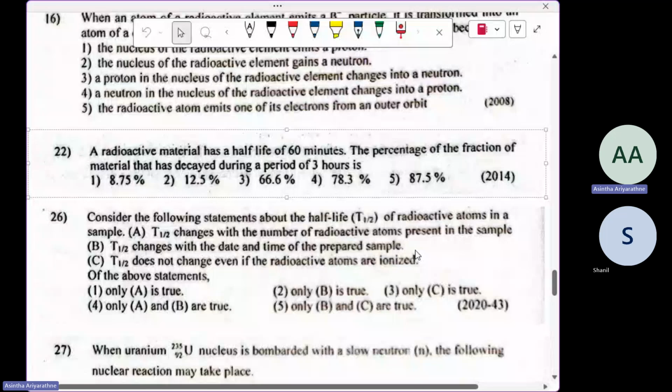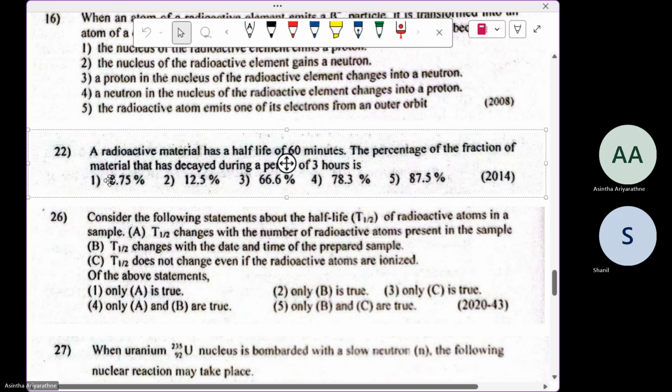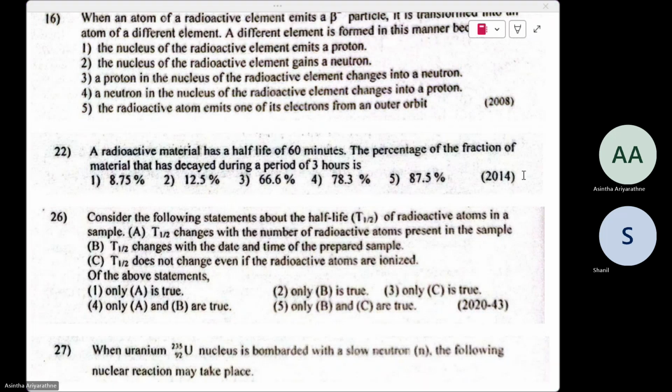Then the 26th question. So 22, the 22nd. Say a radioactive material has a half-life of 60 minutes.